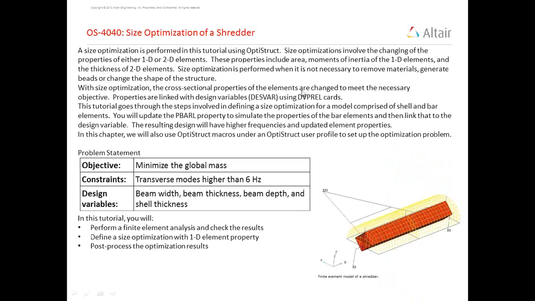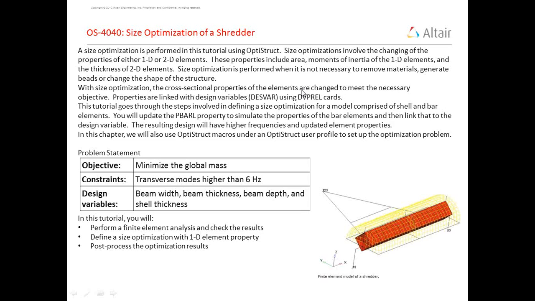Size optimization involves the changing of the properties of either 1D or 2D elements, not the 3D. These properties include area, moment of inertia of 1D elements, and the thickness of 2D elements. Size optimization is performed when it is not necessary to remove material, generate bead patterns, or change the shape of the structure.